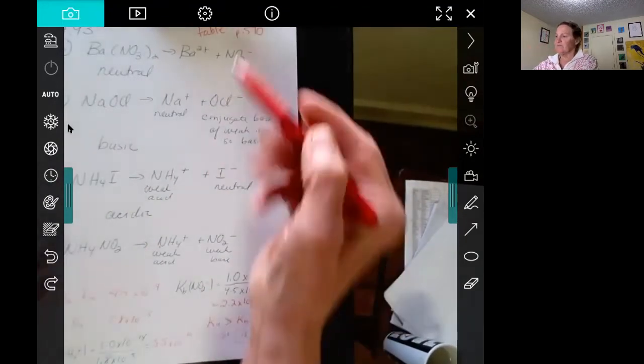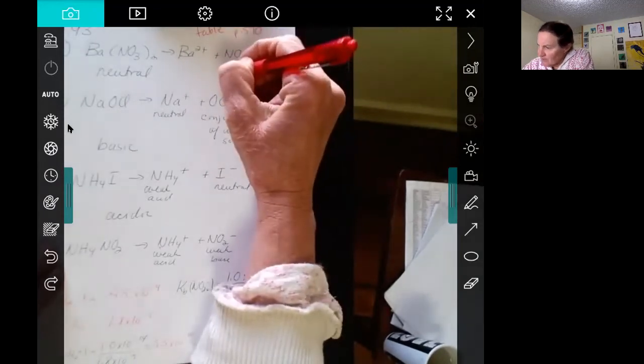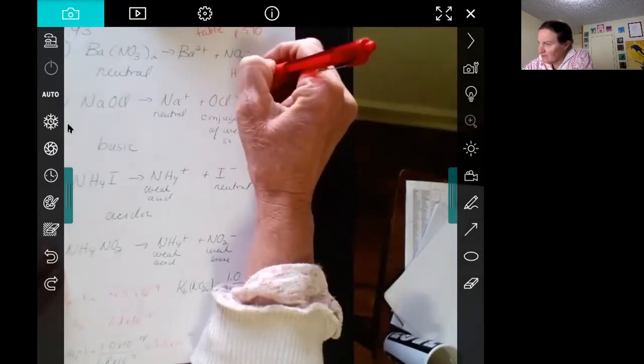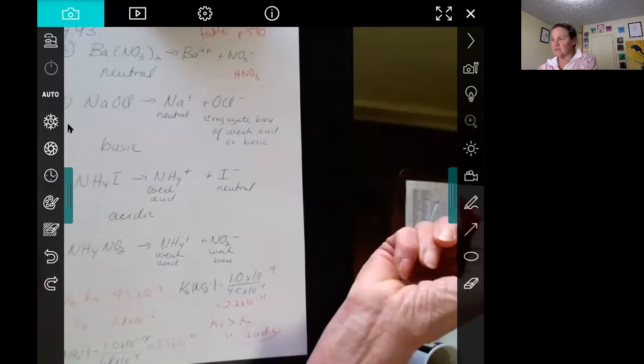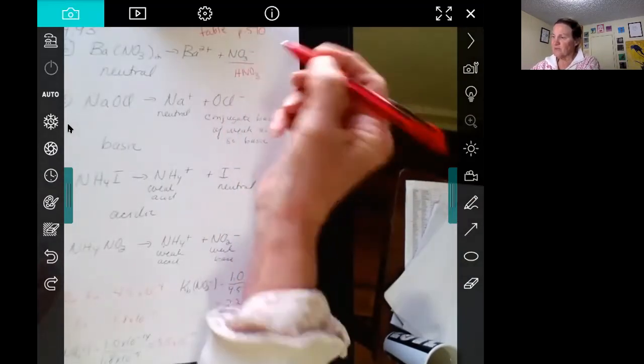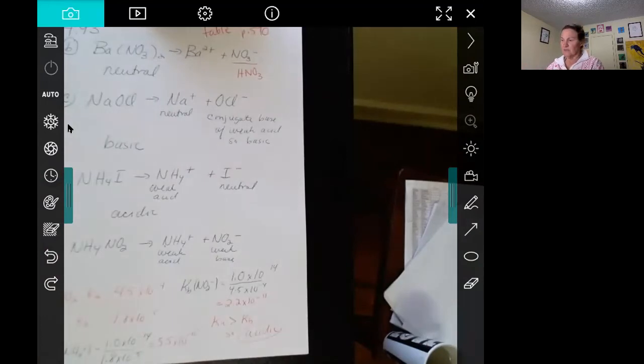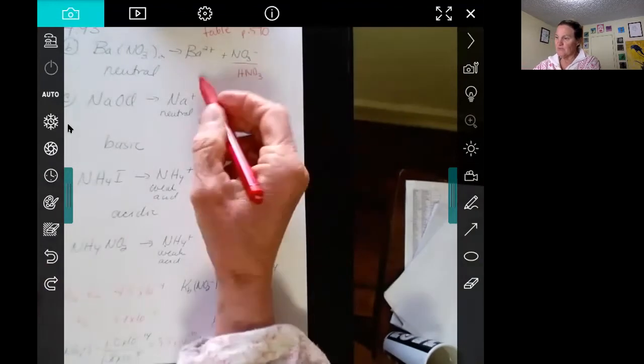So when we dissolve barium nitrate, you can think of nitrate as being the conjugate base of HNO3, which is a strong acid. If you say it's a strong acid, that means it completely dissociates in water. So it's not going to react backwards, which means NO3 minus isn't going to pick up a proton and act like a base. So this guy's neutral.